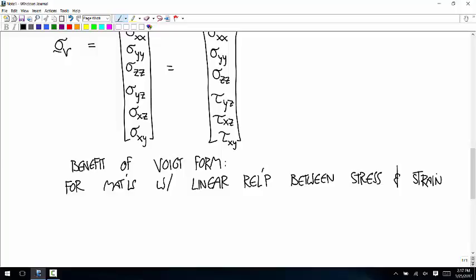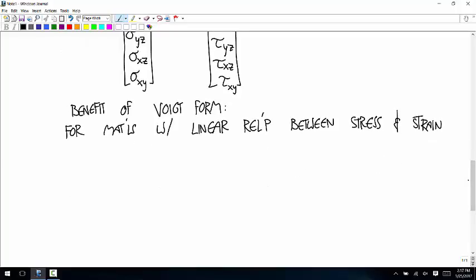So this whole class deals with materials of this type.